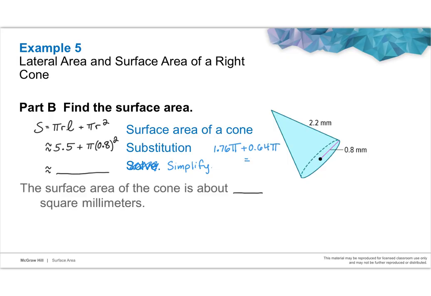And that simplifies to just 2.4 pi in exact measurements. When we use our calculator to find the approximation with our pi, we get that it's 7.5, and that is, again, square millimeters.